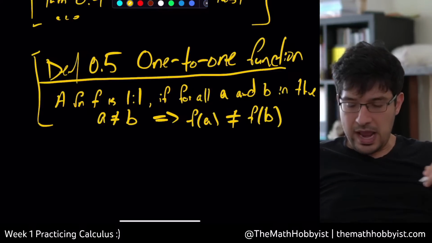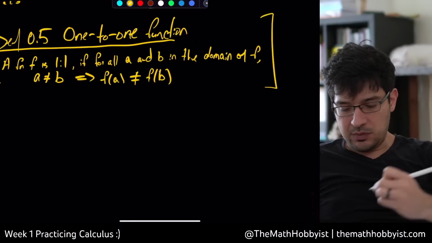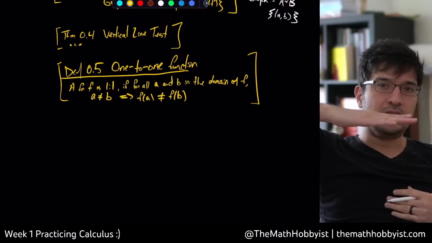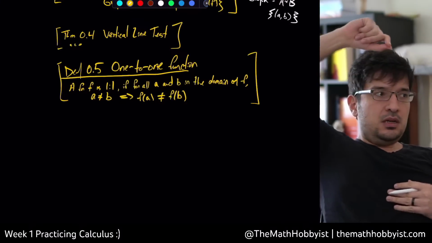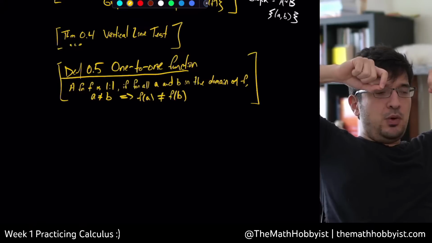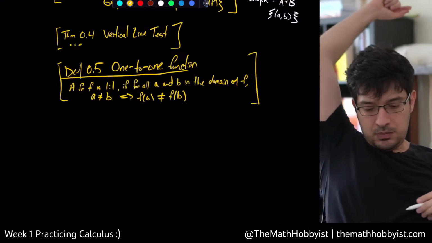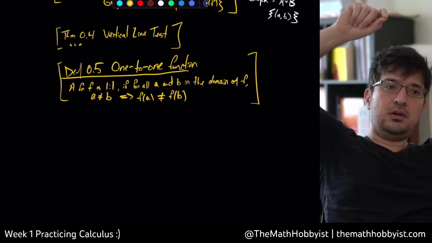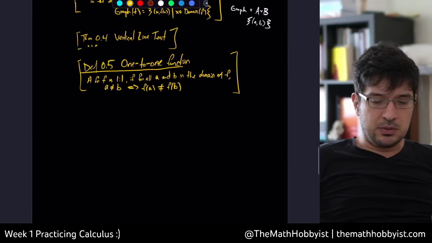This is a way cleaner, more precise way to write what I was saying earlier. Earlier I was talking about a horizontal line test, and two separate points can't map to the same point. This is neater. This is like two different points. It's just a nicer way to write it down.